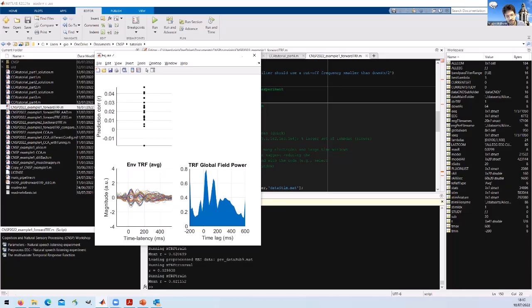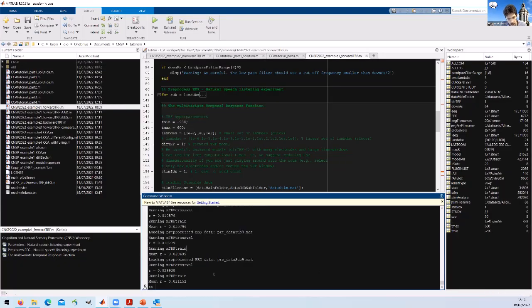And as you can see, it takes a few subjects to get some temporal response functions. So don't expect too much from single subjects. And the other thing is, the code shows you the prediction correlation that is averaged across electrodes and trials, and this is averaged across electrodes, trials and subjects.